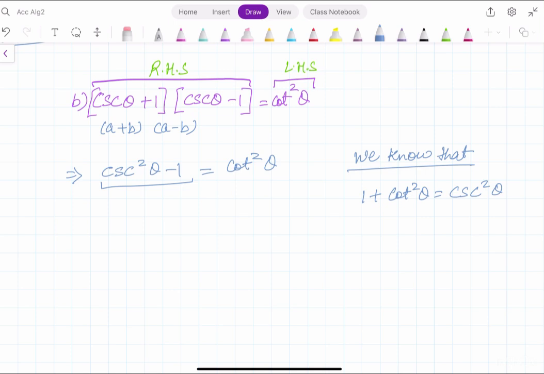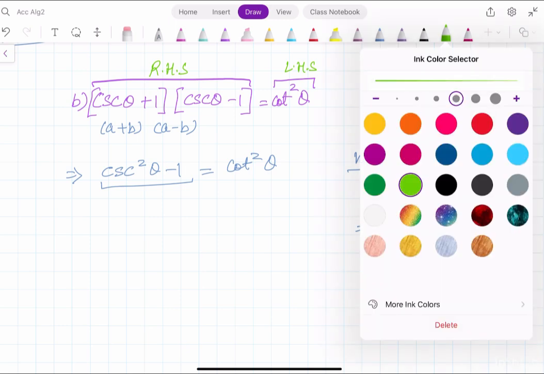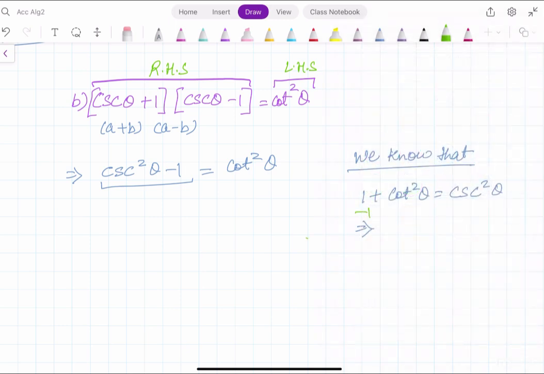Now if I subtract 1 from both sides, what will happen? Subtracting 1 from both sides will give you cot squared theta is equal to cosecant squared theta minus 1, and this is what we are looking for.